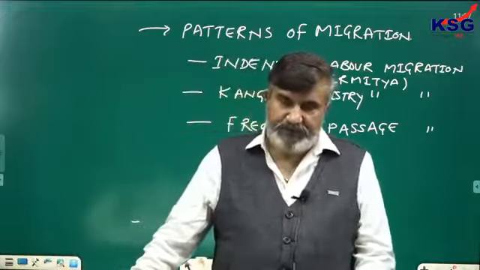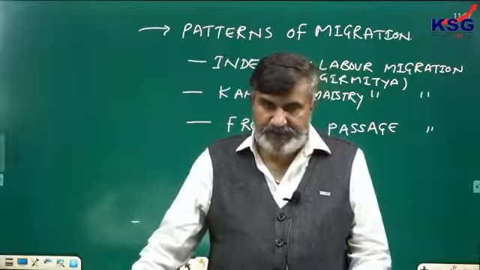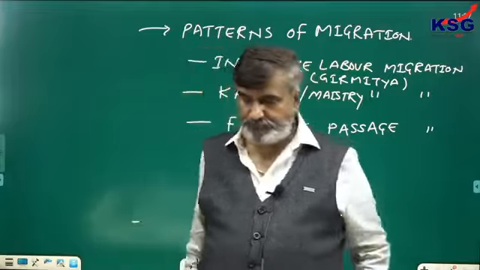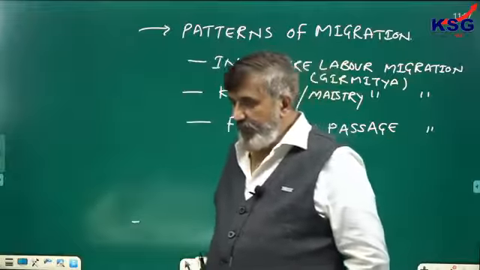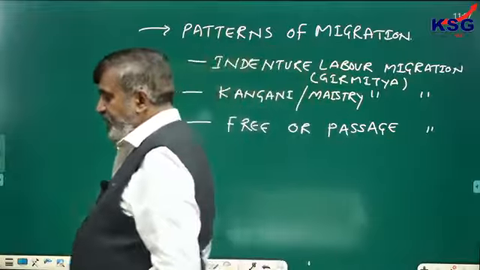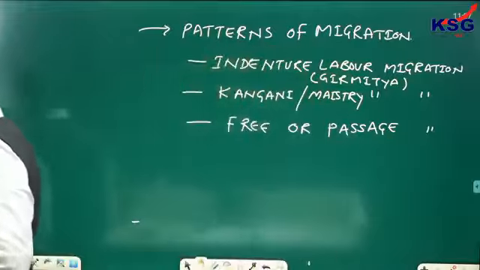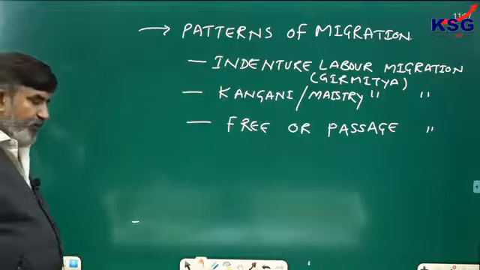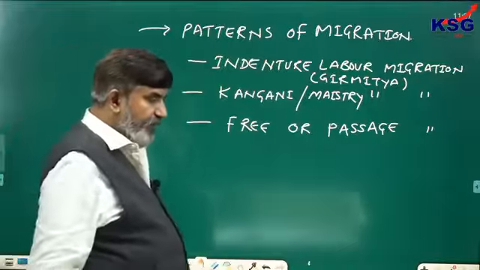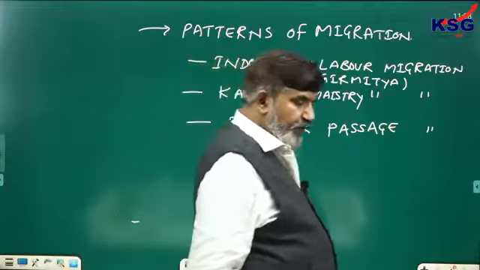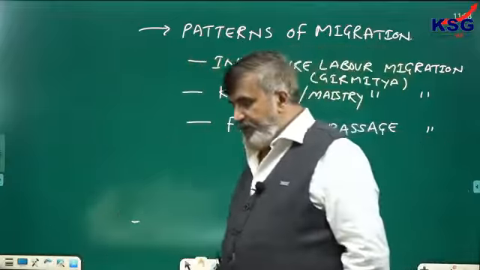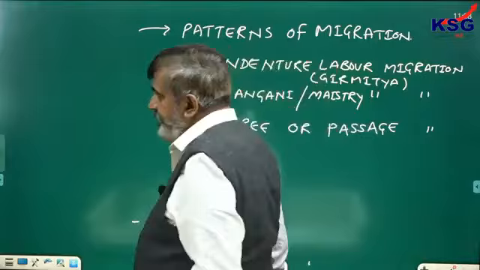Now first, indentured labor migration. It began in 1834 when slavery was abolished in the British Empire.